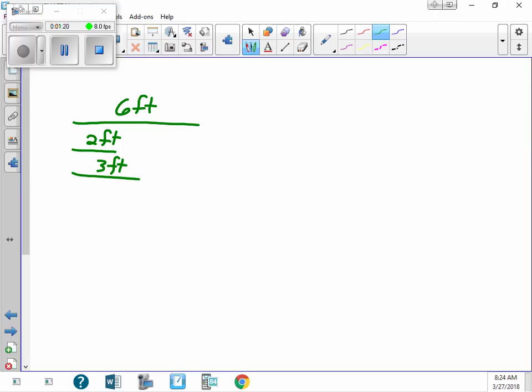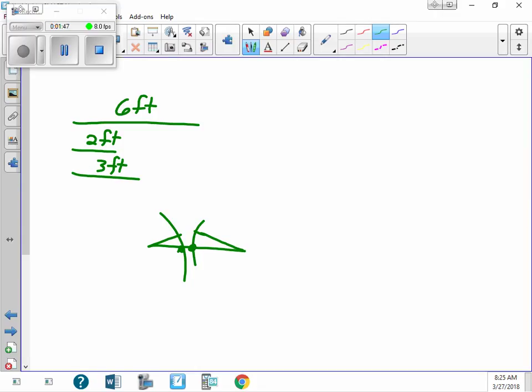I can't. Why not? So I have 6 feet, 2 feet, and 3 feet, and they don't touch. Even if I put that 2-footer here and that 3-footer here, they don't meet.